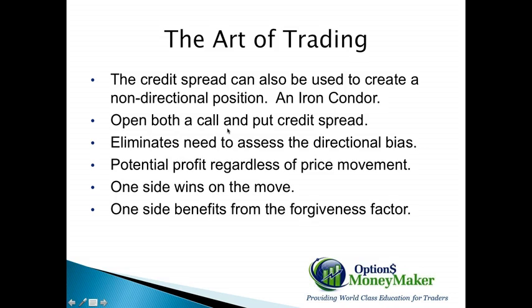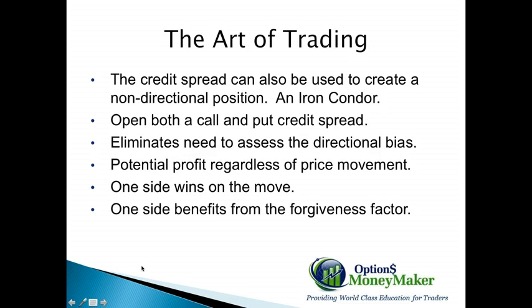With an Iron Condor, you're going to open both a call and a put credit spread. It eliminates the need to assess which direction the index or stock you're trading is moving. Now you have a potential profit regardless of price movement. One side of your Iron Condor is going to win on a move, and the other side is going to benefit from the forgiveness factor.